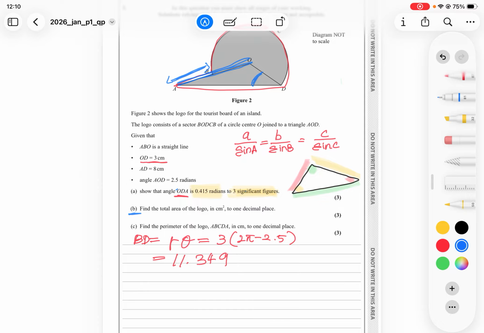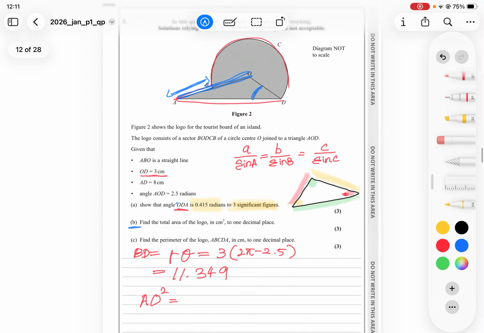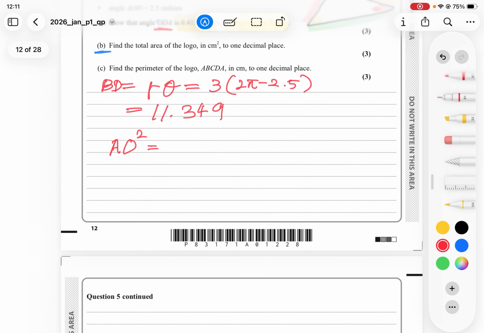So let's see how to get that value. In this triangle, we know AO squared will be, if I write the cosine rule somewhere, A squared equals B squared plus C squared minus 2BC cos A. We can use this information.